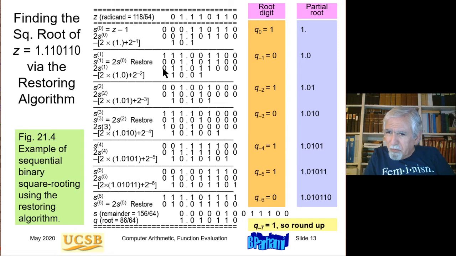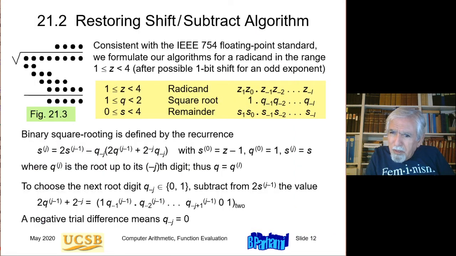Each time you left shift the partial remainder and do the trial subtraction, the number you're subtracting is formed according to this expression that you see here. So basically, q minus j is what you're trying to determine. Is it 1?